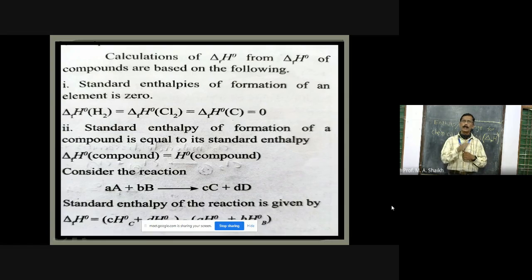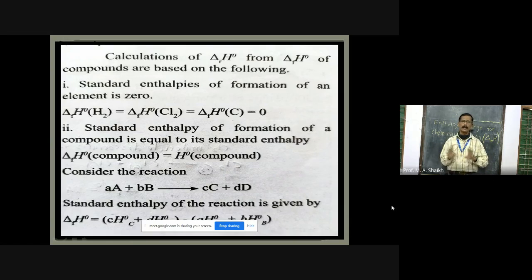Similarly, delta H F 0 for O2 is 0. Similarly, delta H F 0 for N2 is also 0. Delta H F 0 for carbon is also 0. So in short, the standard enthalpy of formation of any element is 0.